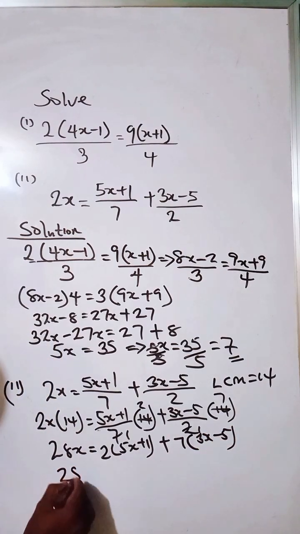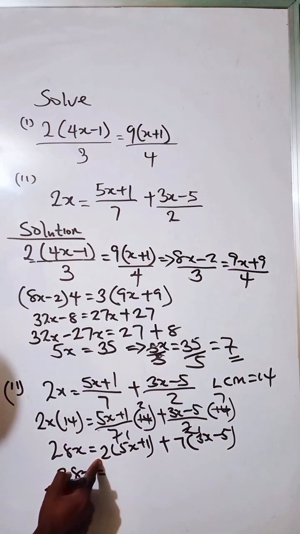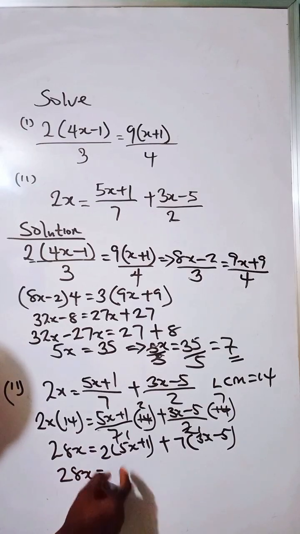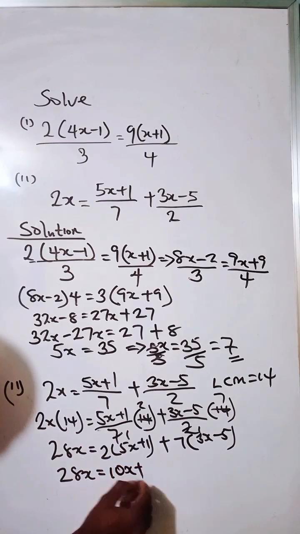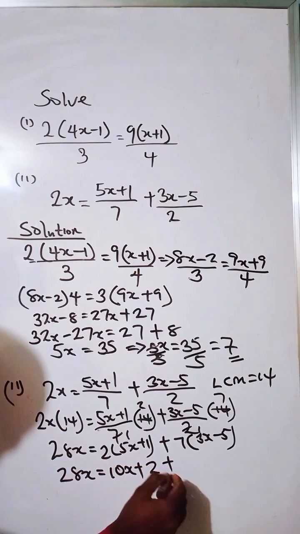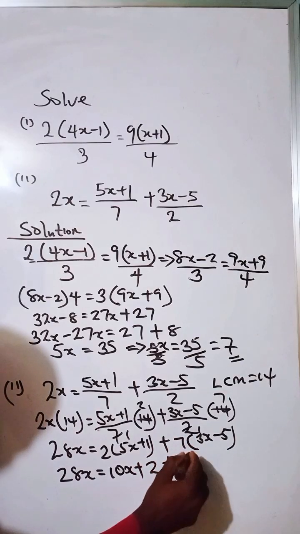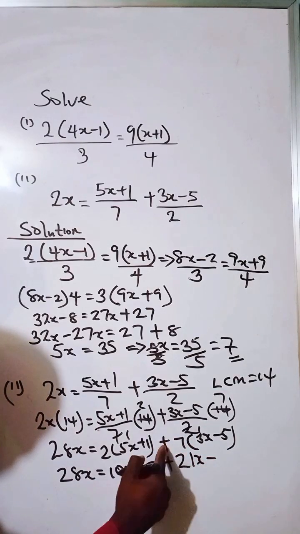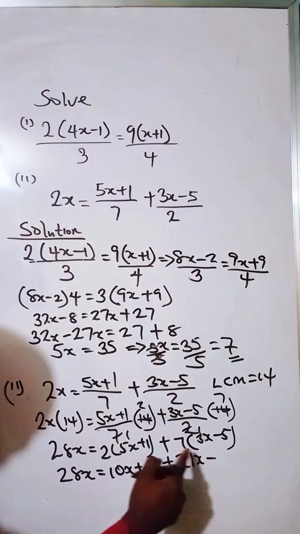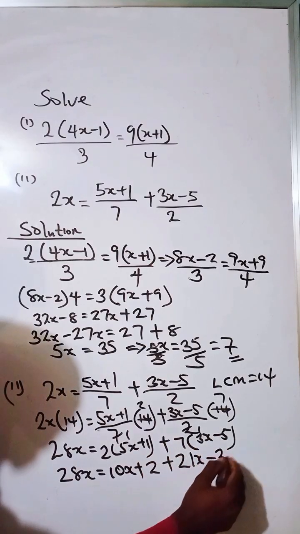So for 28x equals, when we distribute this, we have 2 times 5x, that is 10x, plus 2 times 1 is 2, plus 7 times 3x is 21x, minus, for plus times minus is minus, 7 times 5, we have this to be 35.